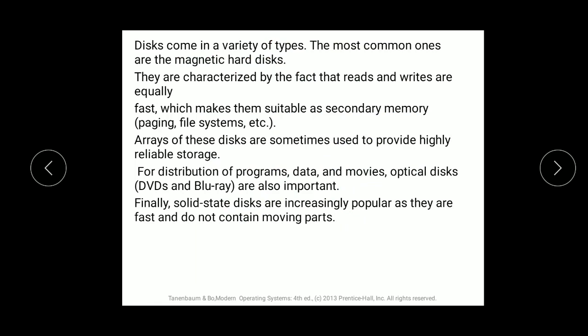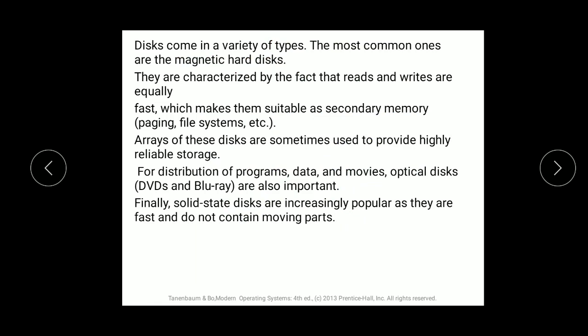These are used for secondary memory, paging and file systems, and so on.